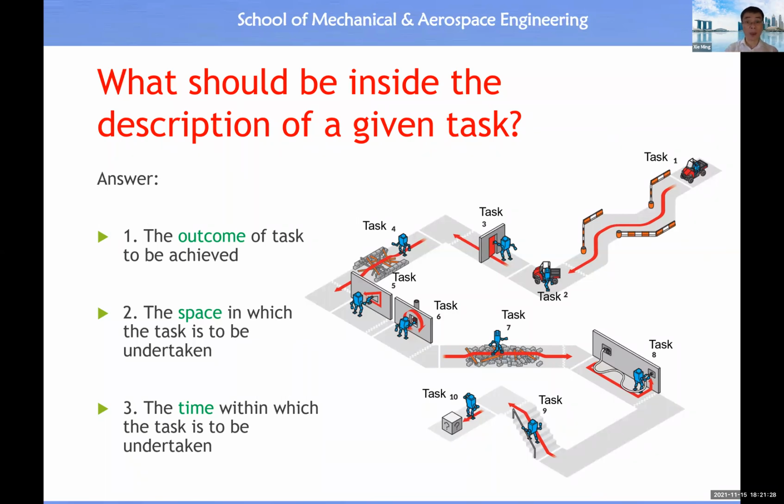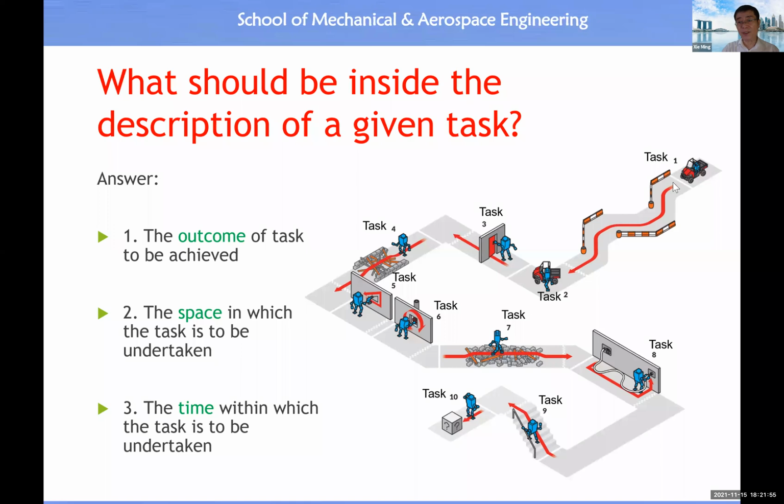So the answer will be: the description of a task must indicate the outcome to be achieved, must indicate space constraint, must indicate time constraint. And this drawing shows you a series of tasks for a robot to accomplish in order to finish the job.